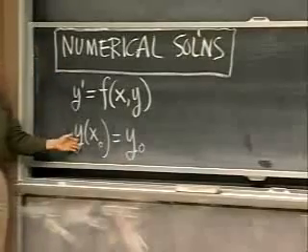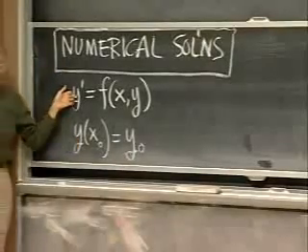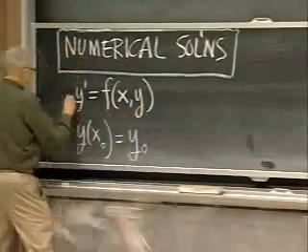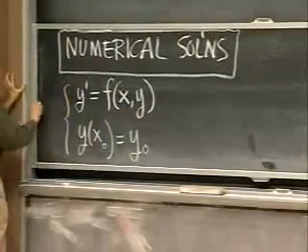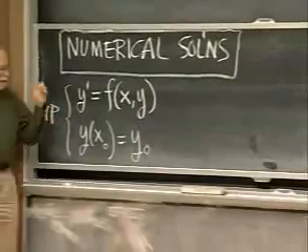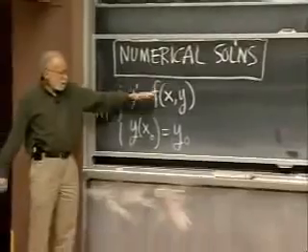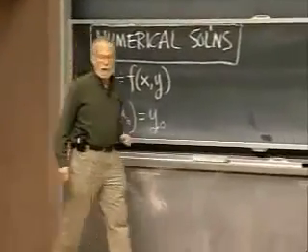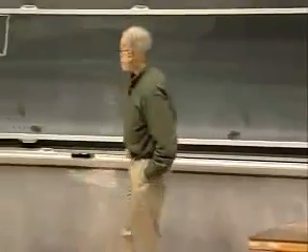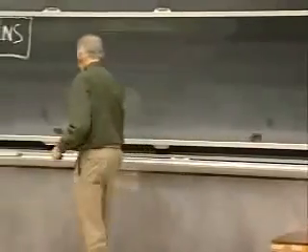So this is the initial condition, and this is the first order differential equation. As you know, the two of them together are called an IVP, an initial value problem, which means two things: the differential equation and the initial value that you want to start the solution at.